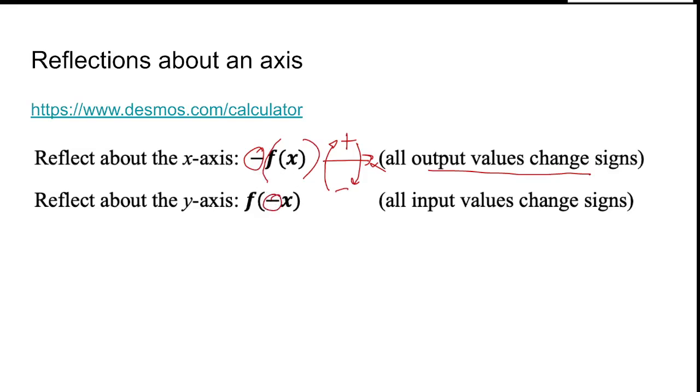Notice the negative is inside the parentheses of the function itself. And so that's going to take every x value and change it. If x was positive, it becomes negative. If x is negative, it becomes positive. So we're going to expect that any positive x will become a negative x, and any negative x will become a positive x. So we're going to see a reflection around the y-axis.